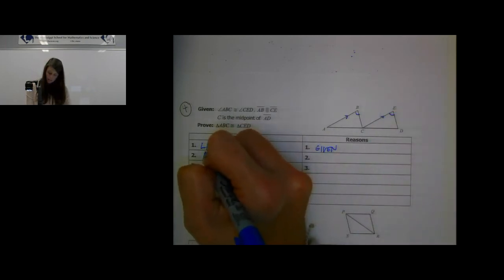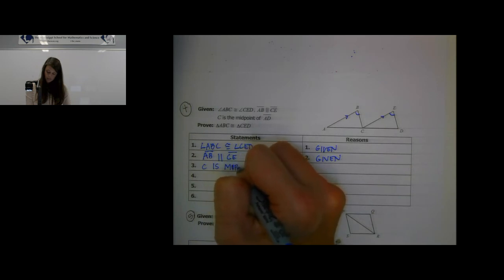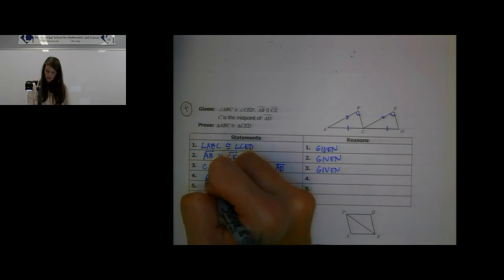So these two sides are parallel. All right, and also C is the midpoint. Oops, sorry, my brain is thinking faster than I can write. Okay, so it's the midpoint of AD, so that's also given to me. So what does that mean when it's the midpoint? Then that means that these two sides are going to be congruent. So side AC is going to be congruent to side CD.